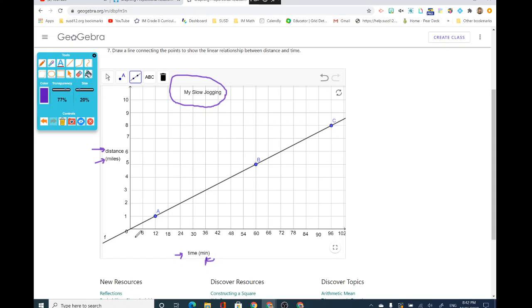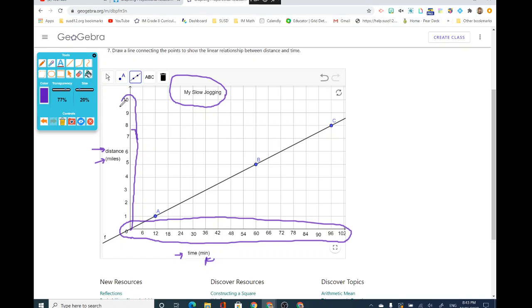And then I will be grading you for having the scale written neatly and correctly along the x-axis and along the y-axis. Finally, I will be grading you to see that you have plotted the points that I've asked for and that they connect in a straight line which passes through the origin.